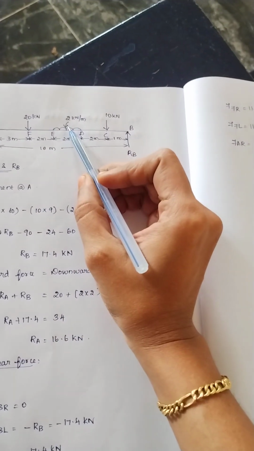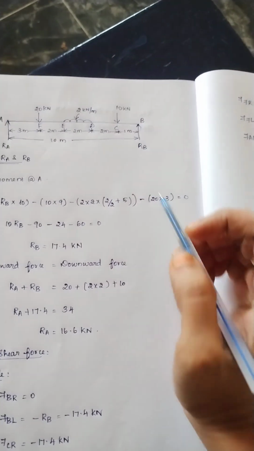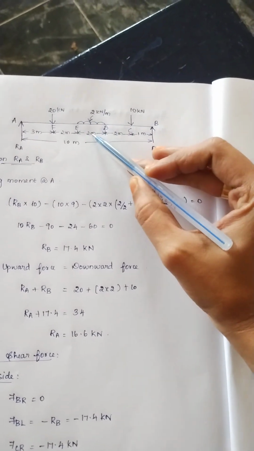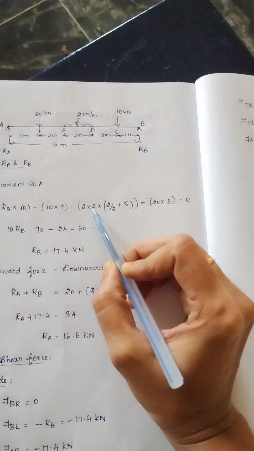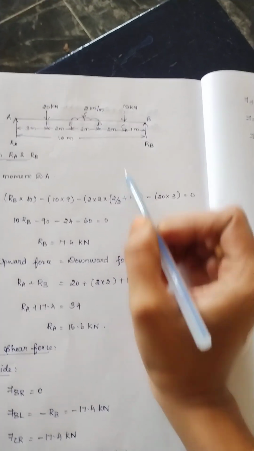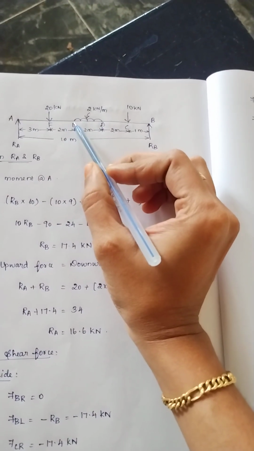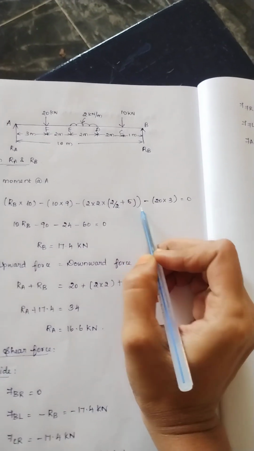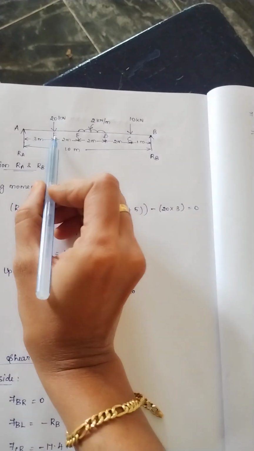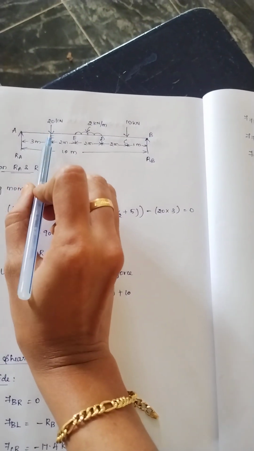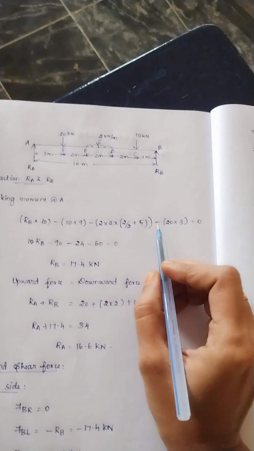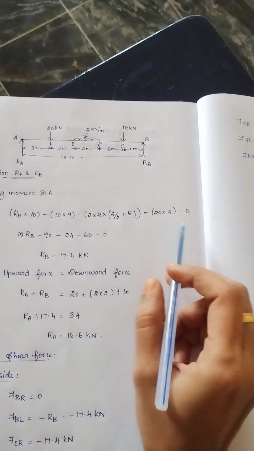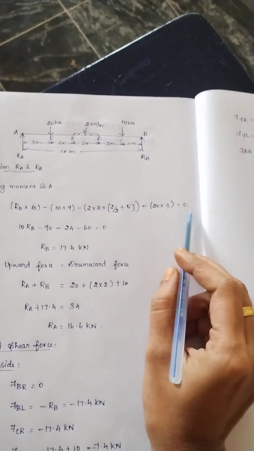Minus, then for UDL, we have to consider load into distance by 2, therefore load 2, distance 2, so 2 into 2 by 2. Then we have to consider the distance from E to A also, therefore plus 5. Then again minus, because the load 20 kilonewton is acting downward, therefore we use the negative sign, minus 20 into the distance from F to A, which is 3, equal to 0.